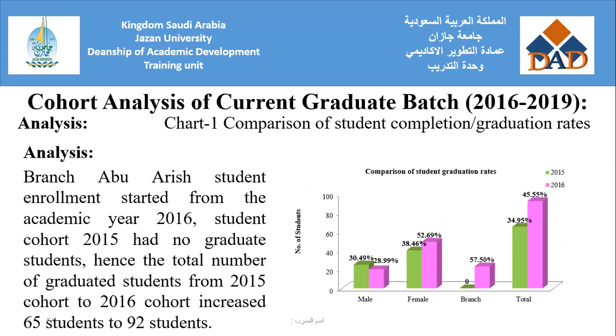Here, for the 2015 year and 2016 year, for the male section, female section, and branch section, we have observed the student graduation rates. So in 2016, in all places, all campuses, the graduation rate increased compared to 2015.